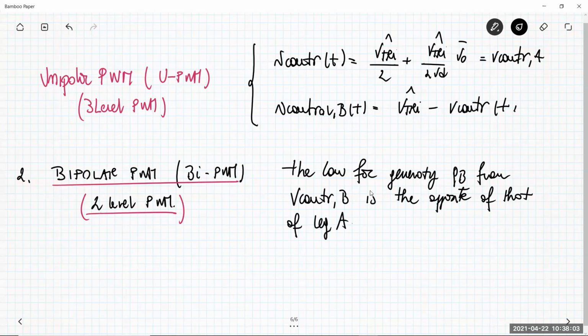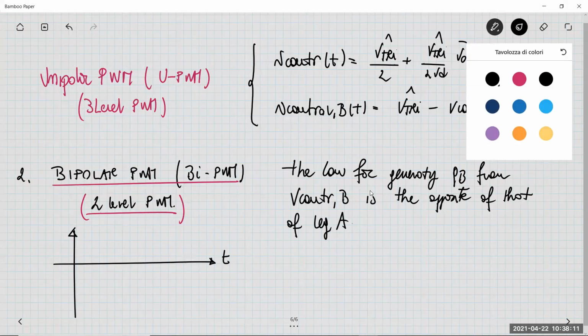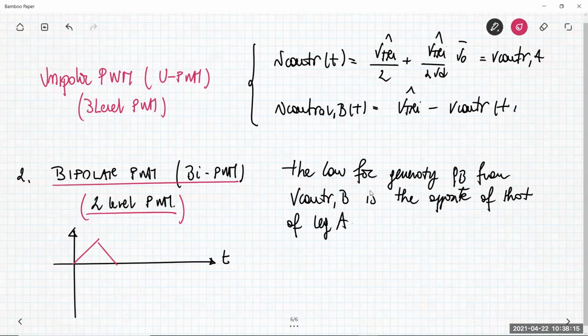What does it mean? It means that I'm using for the leg B a rule that is like the following. Let me call this the triangular voltage, V triangular peak here. Then we have the control voltage.